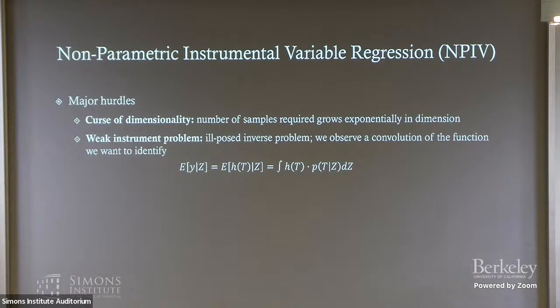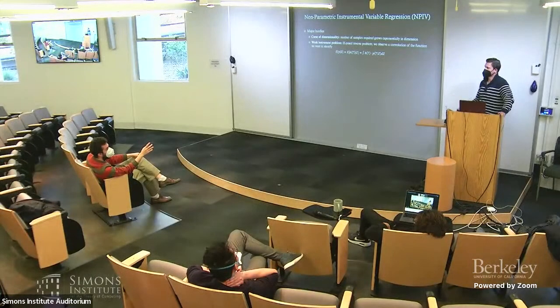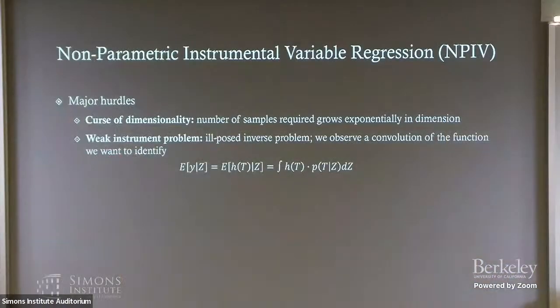So for the first one, I understand that we need the dimension-free statistics. But yes, the second one we're not going to deal with in this talk. That was my point. I was wondering, do we know the probability? We don't know the probability. The classical literature on non-parametric ill-posed inverse problems typically knows the smoothing curve. I see.